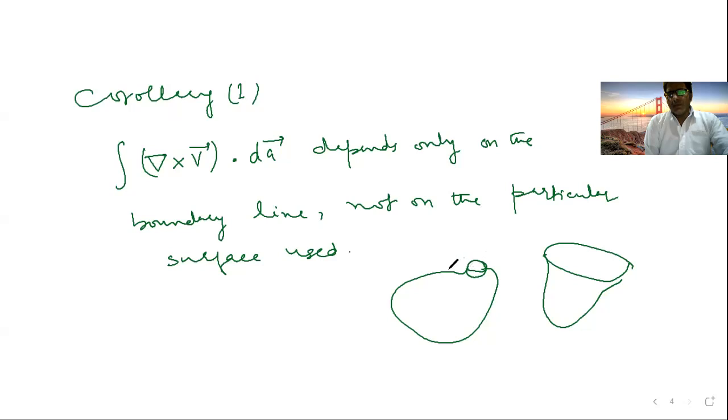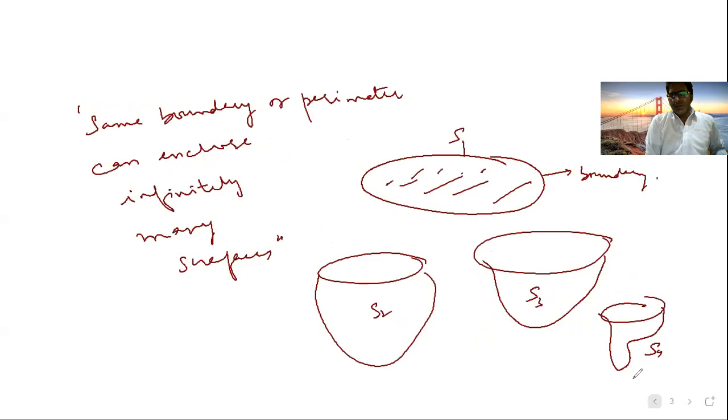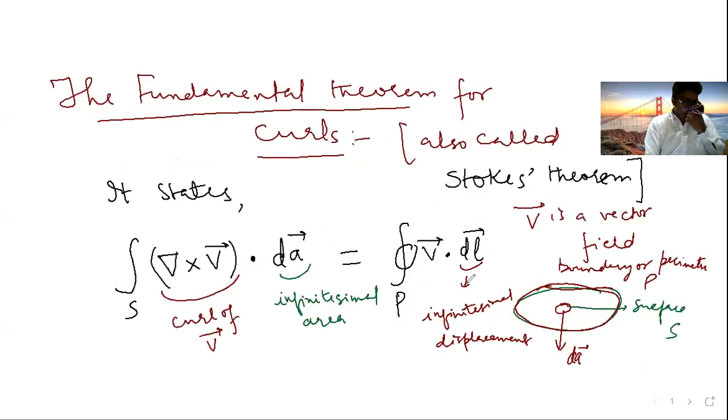My surface will become closed. The right hand side of Stokes theorem will become 0, since this path will shrink to a point. So for the second corollary, if this is a closed surface, my right hand side will be 0.